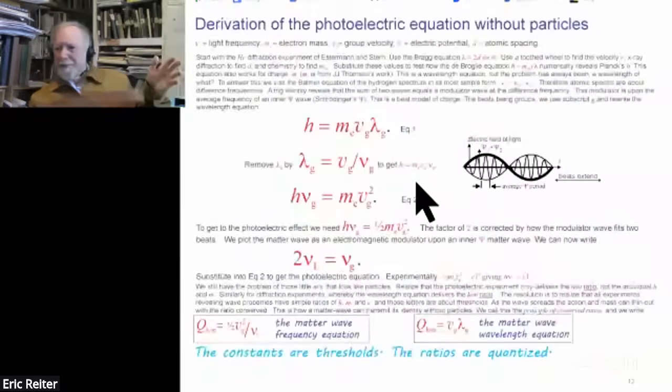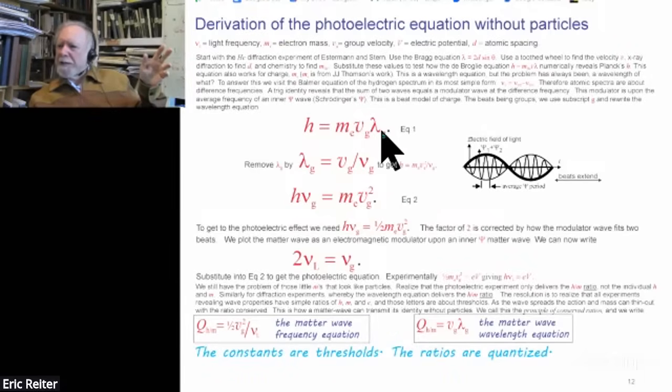So we embrace that. And so I take those three ideas from de Broglie, Schrodinger, and Planck, and Planck's second theory of a threshold, and I'm going to expand on that. But I redefine the de Broglie equation with groups, G for groups, which is the velocity of the group, the beat, the wavelength of the beat.